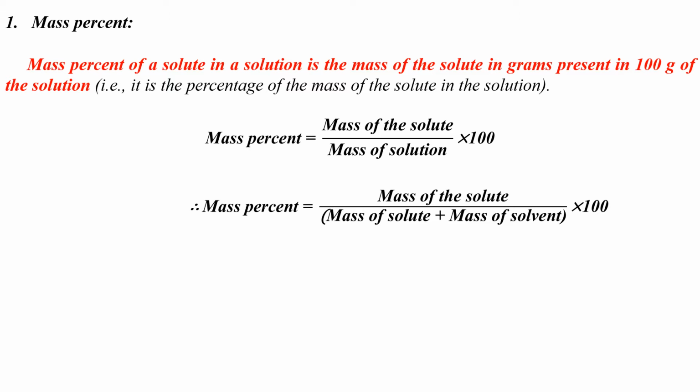So mass of solution in denominator means it is the sum of the masses of solute and solvent expressed in grams. So the formula becomes mass percent is equal to mass of the solute divided by sum of mass of solute and mass of solvent into 100. So this is the first way of expressing the concentration of a solution.